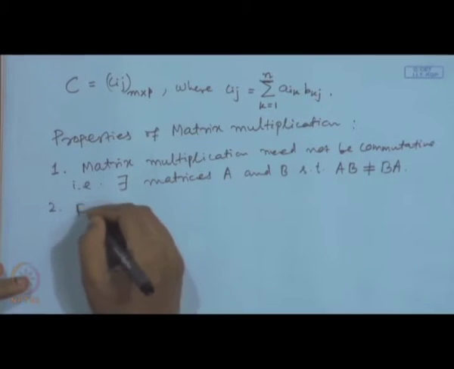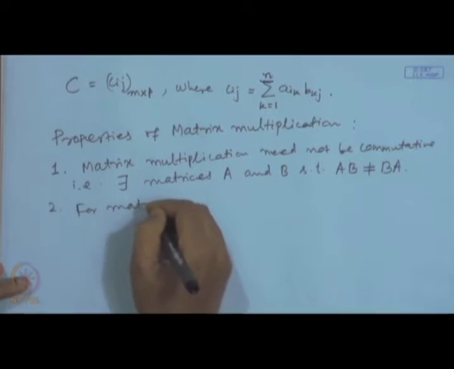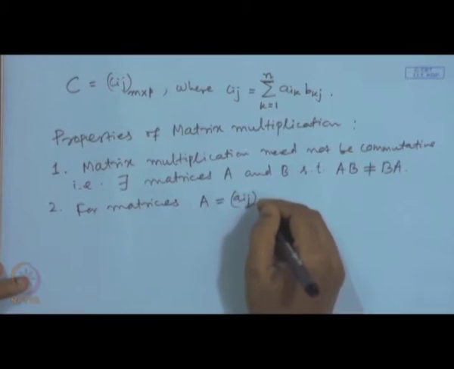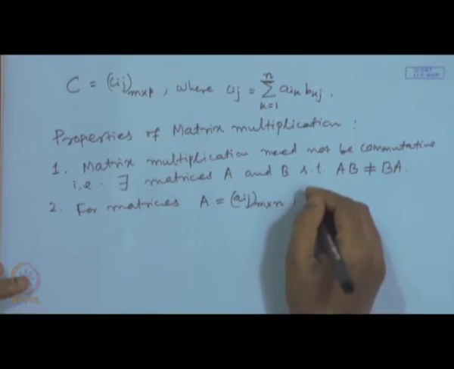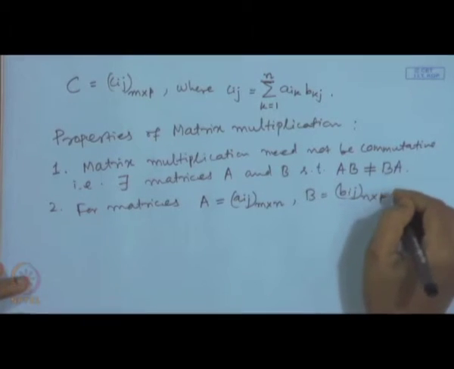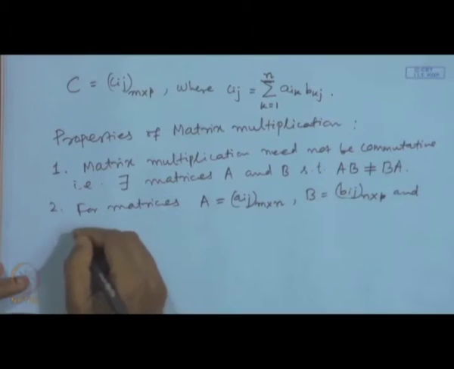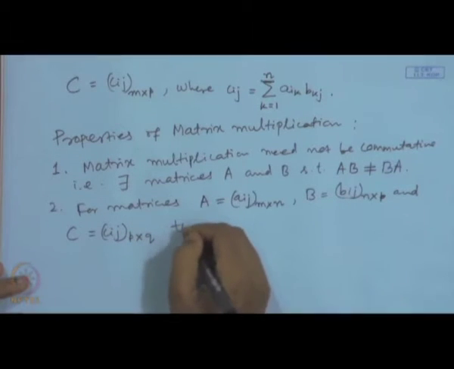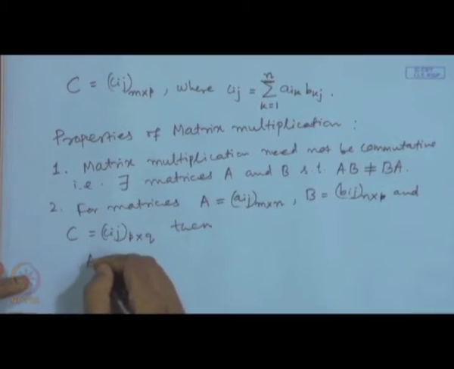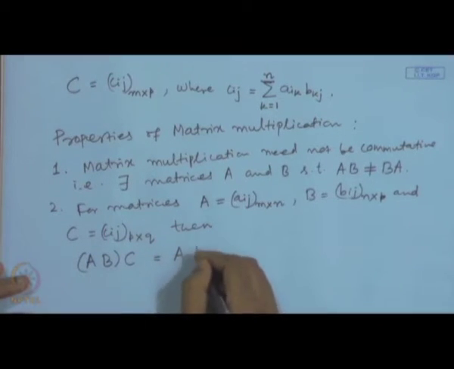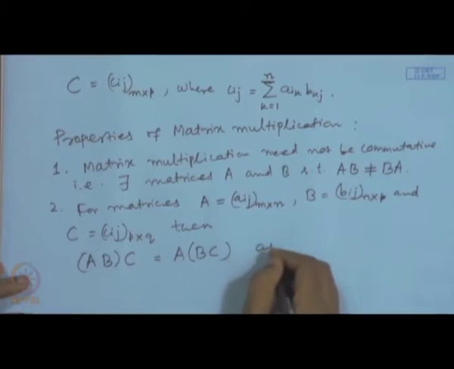For matrices A with entries Aij of size m by n, B a matrix of size n by p, and C a matrix of size p by q, we have A into B into C is equal to A into B into C, that is associative.